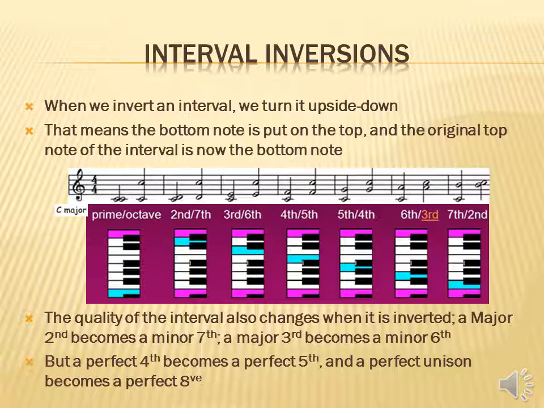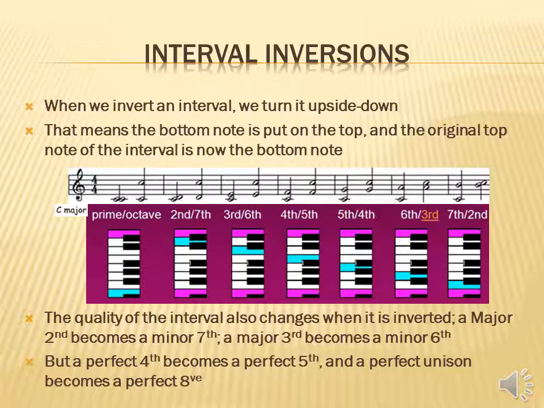So a perfect unison becomes a perfect octave. A major second becomes a minor seventh. A major third becomes a minor sixth.